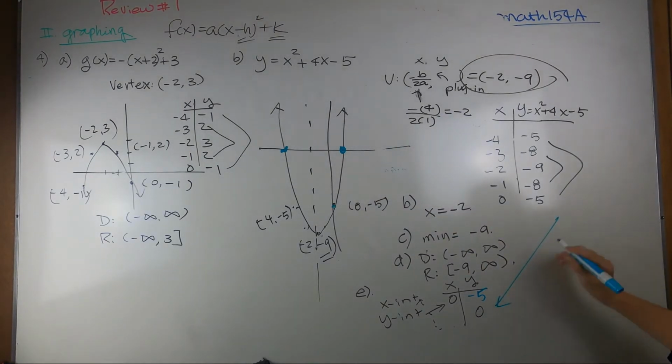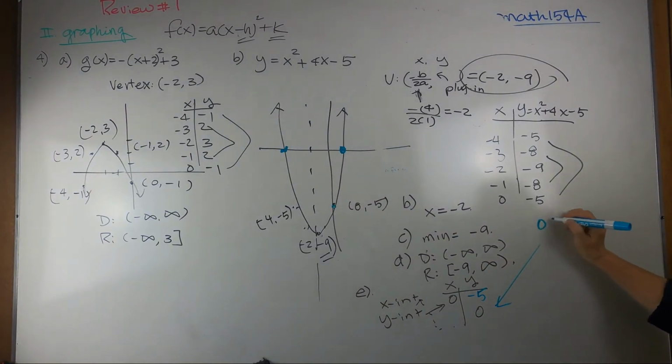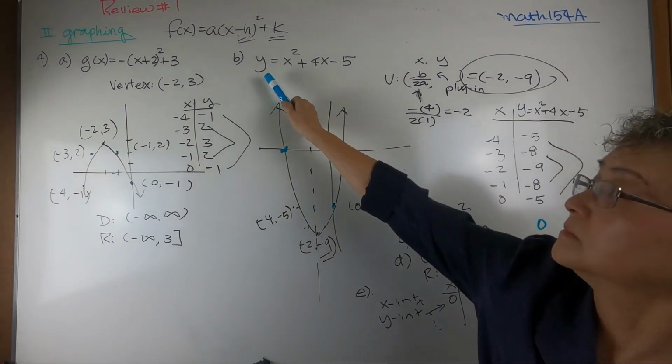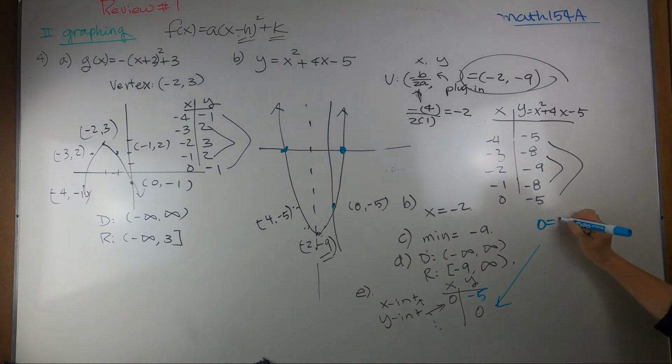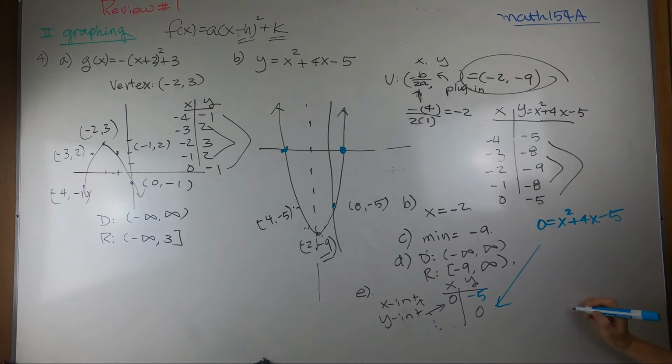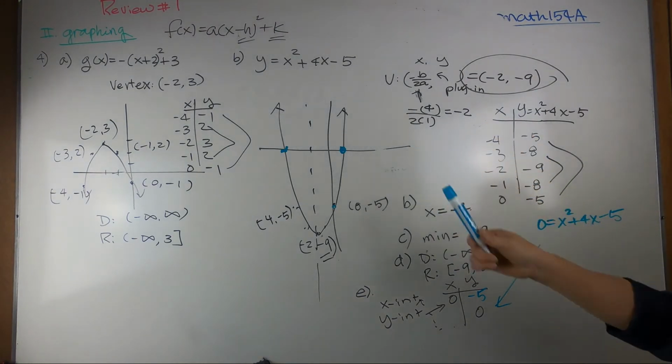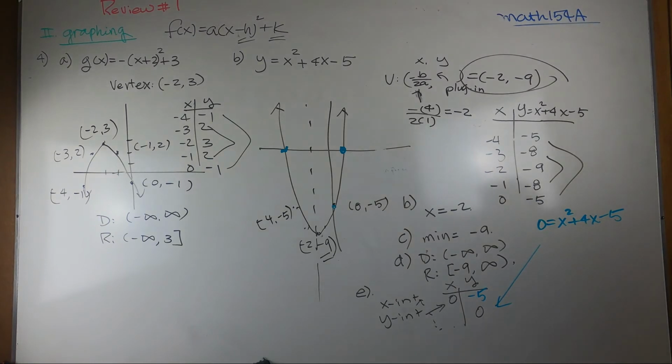So for this one, what do you do? You put a 0 for y, right? So 0 equals x squared plus 4x minus 5. Then you have to find your x. It's a quadratic equation. From quadratic function, we have quadratic equations, right? So you can do factoring or with the quadratic formula.